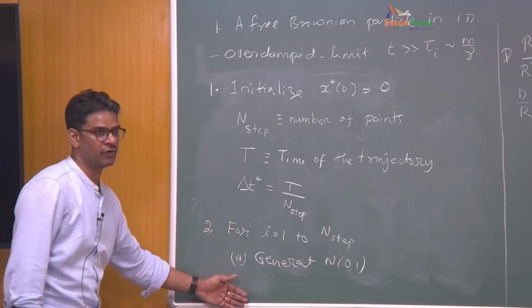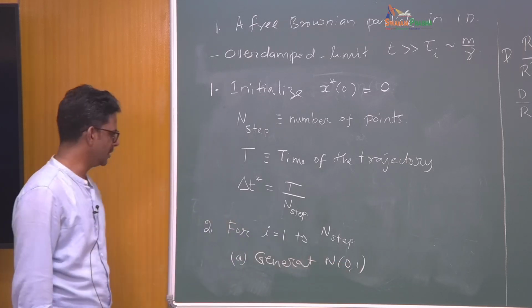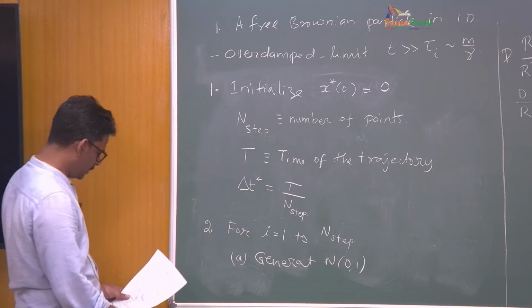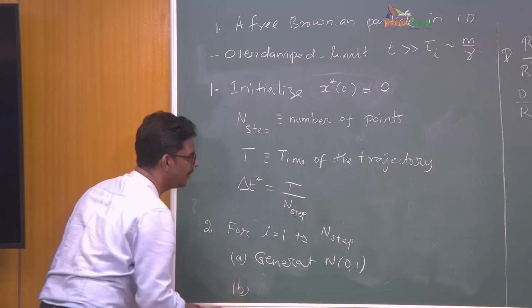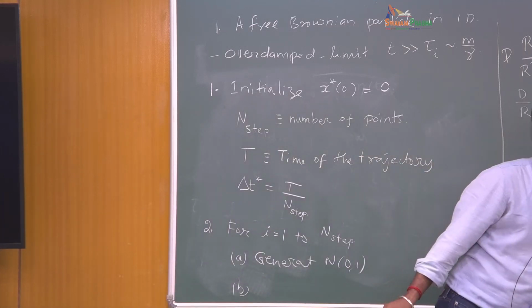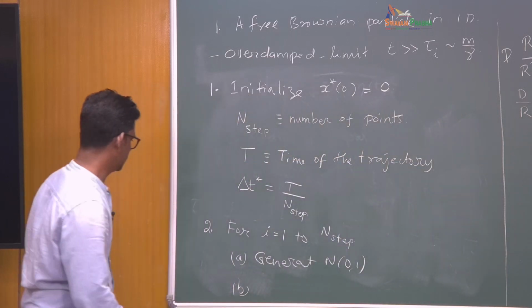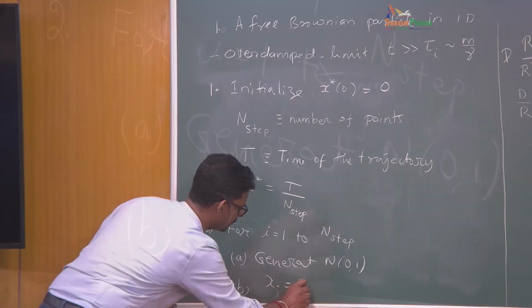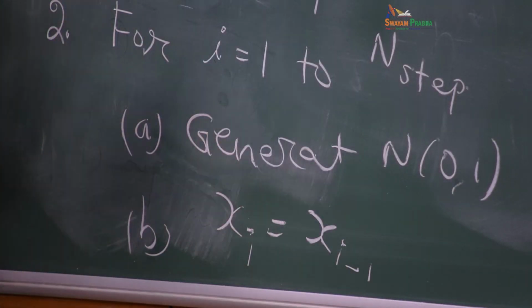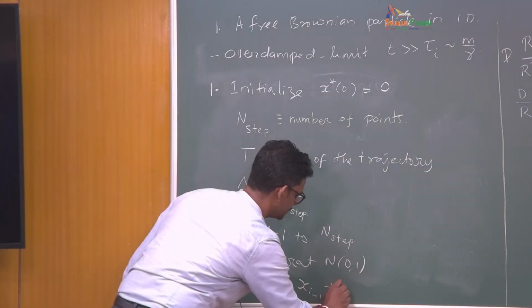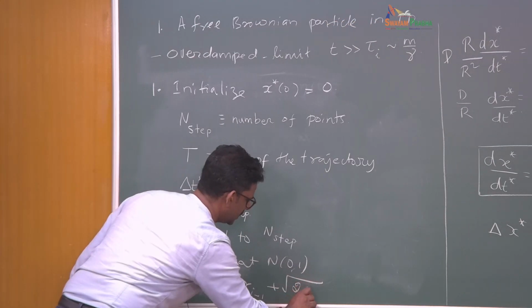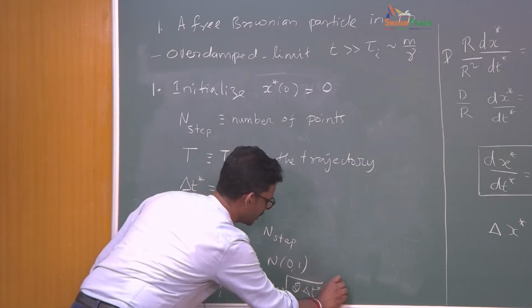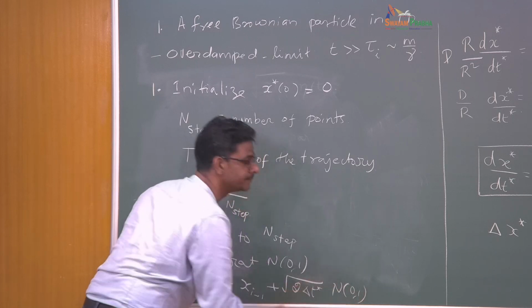Inside the for loop you create one of these, and then you update based on this propagation. You write x of i is equal to x of i minus 1, that is the previous step, plus square root of 2 delta t star times n of 0 comma 1.